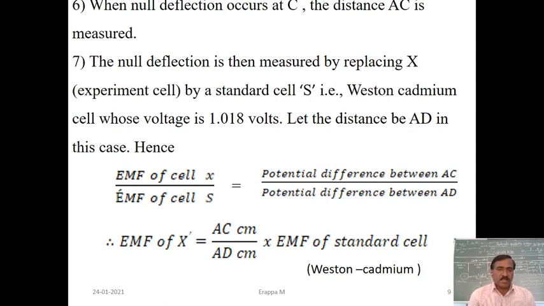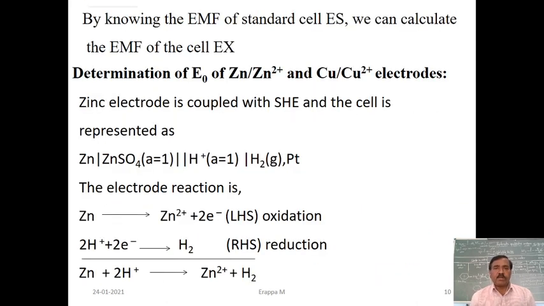Hence, the EMF of the cell X divided by the EMF of the cell S is equal to the potential difference AC divided by the potential difference AD. EMF of the cell X is equal to AC by AD into the EMF of the standard cell, the Weston cadmium cell. By knowing the EMF of the standard cell ES, we can calculate the EMF of the cell EX.